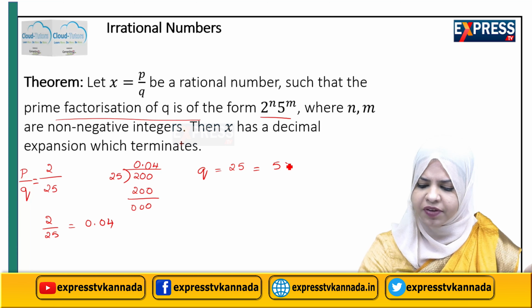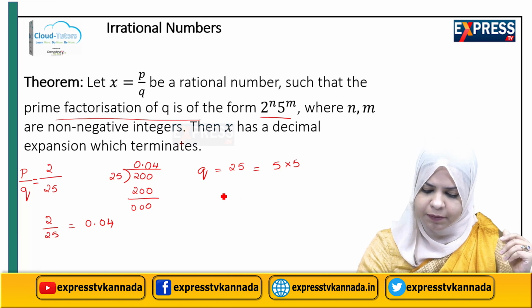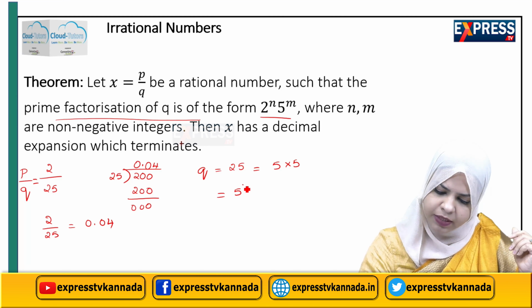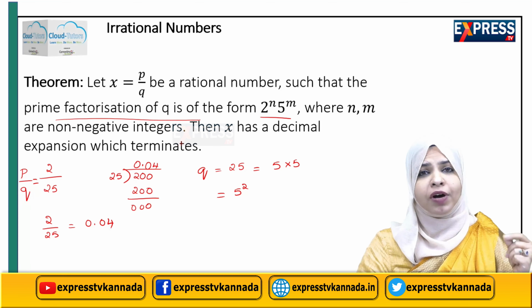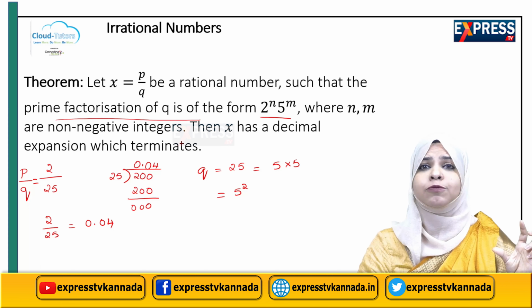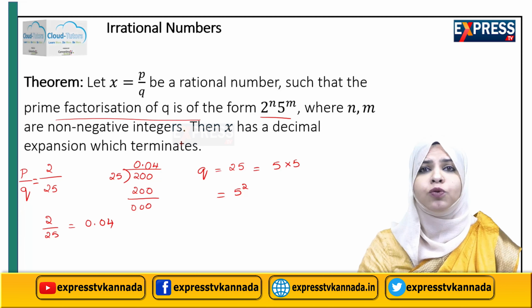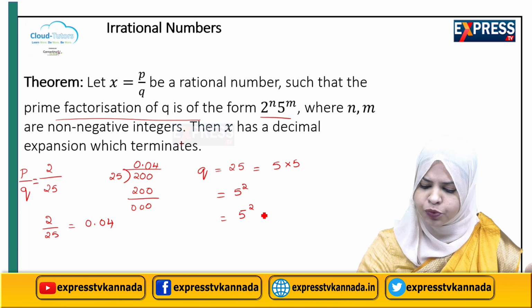I can write 5 into 5, which is nothing but 5 square. But my theorem states that it has to be in the form of 2 power n into 5 power m. Here I definitely have a factor in terms of 5, but I do not have 2. So can I not write this as 5 power 2 into 2 power 0?